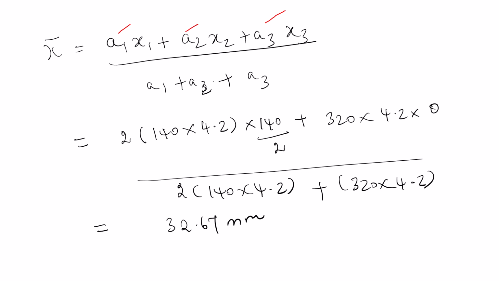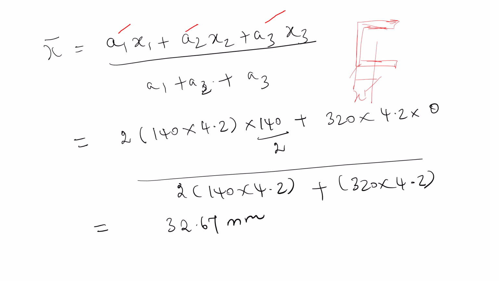Since we have got three segments in this welded portion, we can take three components, A1, A2, A3. So next we have to calculate this one by one. What is the A1 and what is the X1 from this point? So this is X1 distance, X bar distance.